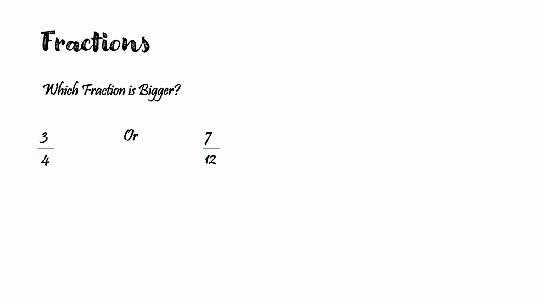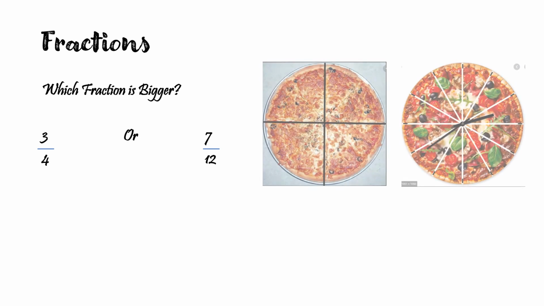Next, let us look at the third type of fraction. Can you tell which fraction is bigger? 3 by 4 or 7 by 12? You have cut a pizza into 4 equal parts and you are now going to eat 3 out of 4.